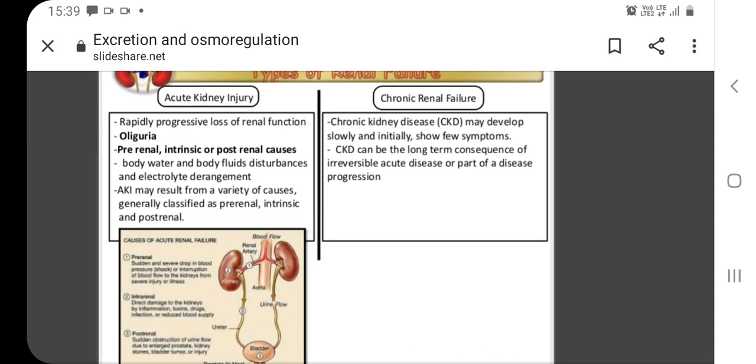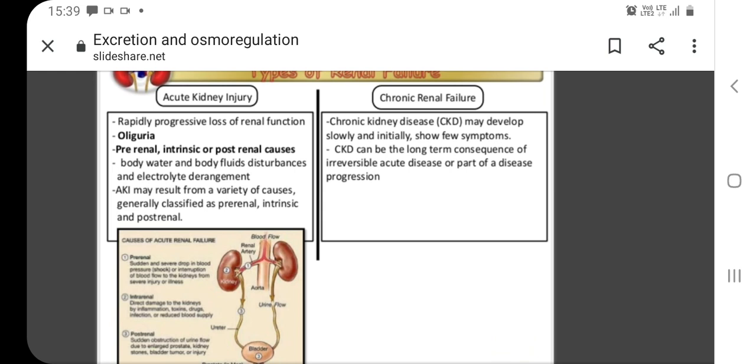There are 2 types of kidney failure. First is the acute kidney injury, and second is the chronic renal failure.